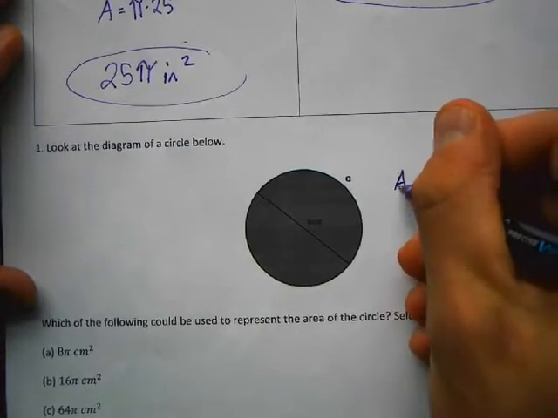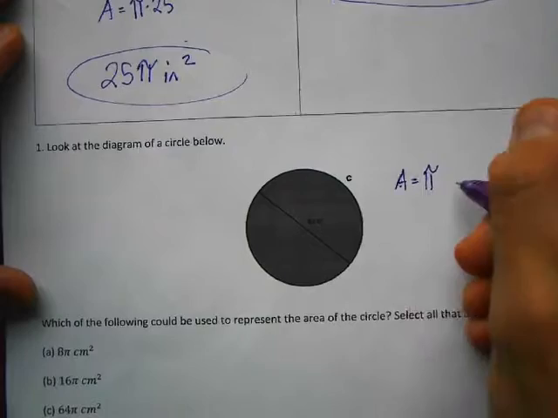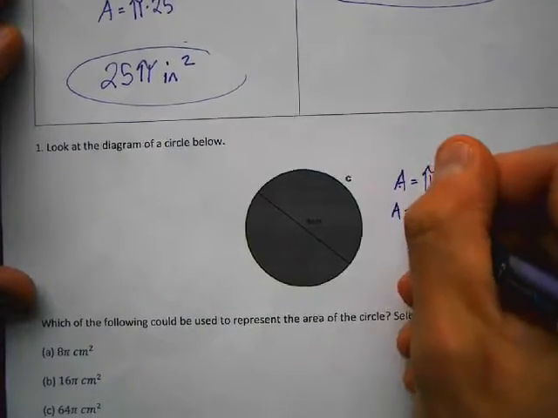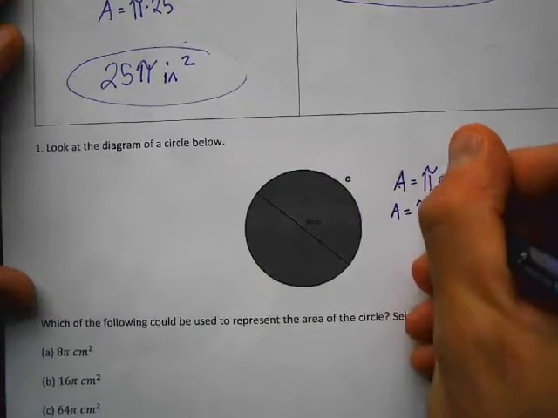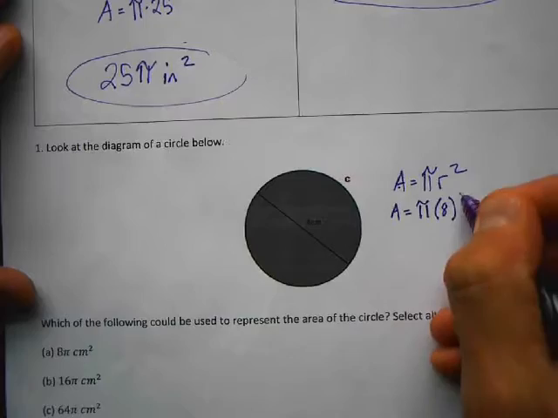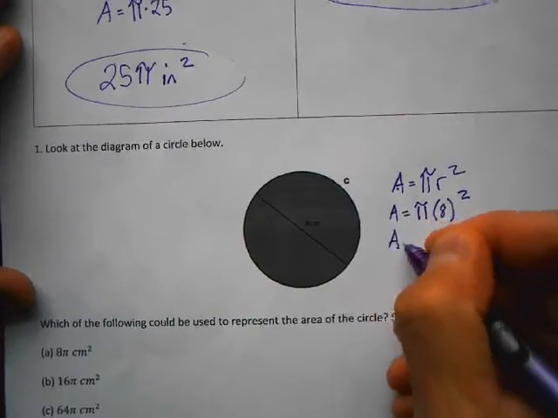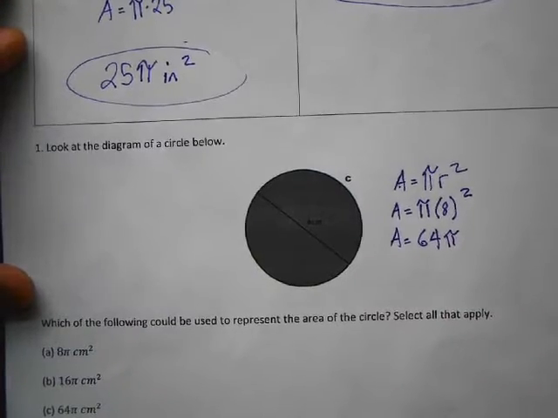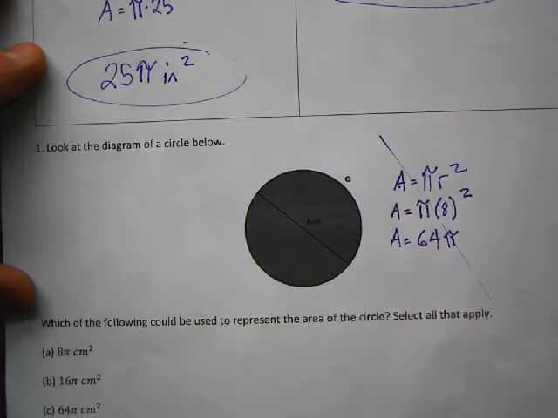I'm going to do area is equal to pi times the radius squared. Start with a formula. Area is equal to pi. Don't copy this, by the way. This is wrong. Pi times the radius, which is 8 squared. So area is equal to 64 pi. No, this is wrong. What's the mistake?